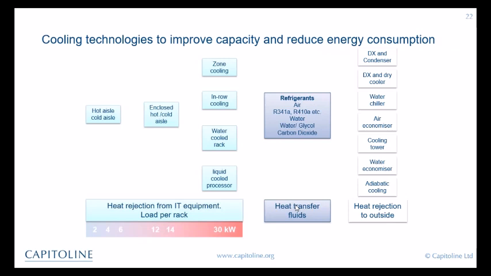In the middle, we're talking about refrigerants, where they take that heat and transfer it to the outside, and then we have equipment outside which rejects that heat to the external environment. And you'll see a number of different technologies referred to here, and we discuss each of those in the course.